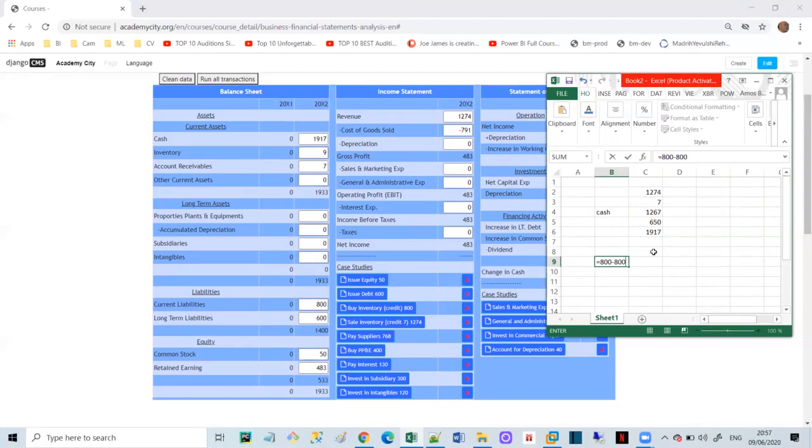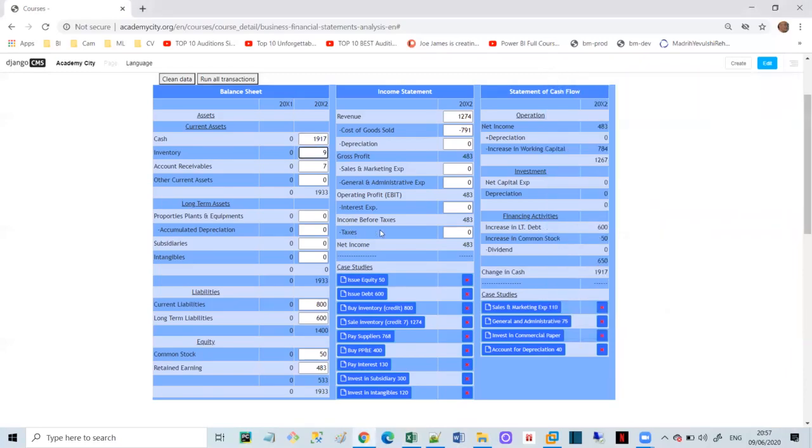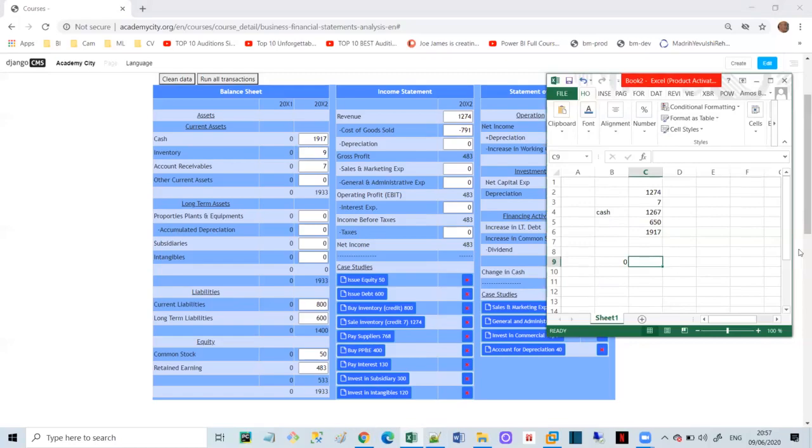The difference is zero. What happened at the end of the year, meaning for the second year? How much is my inventory now? My inventory now is 9. How much are my liabilities? My liabilities haven't changed. It's 800. So what is the difference? That's my new working capital.